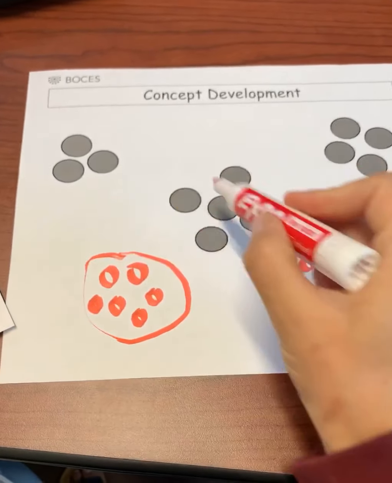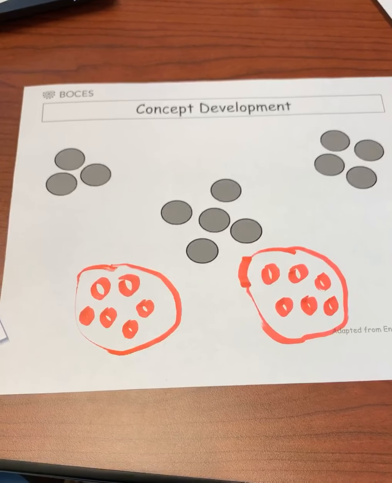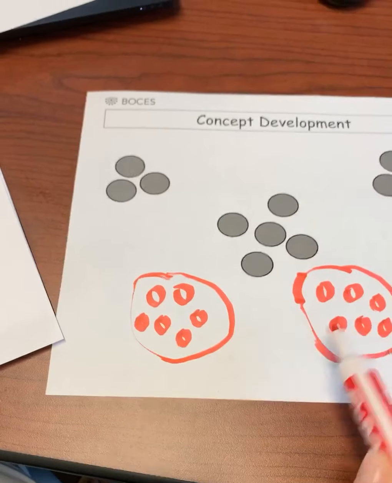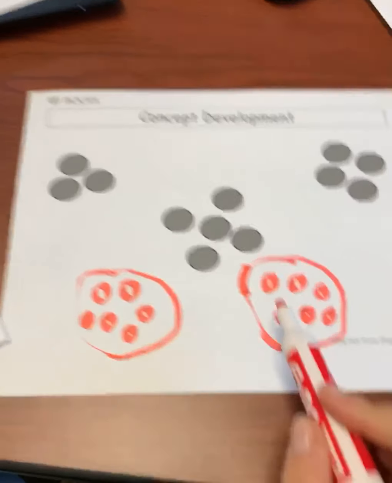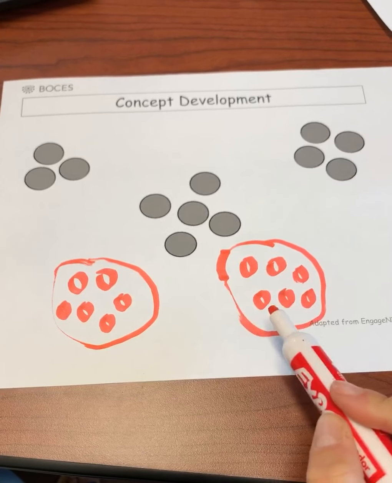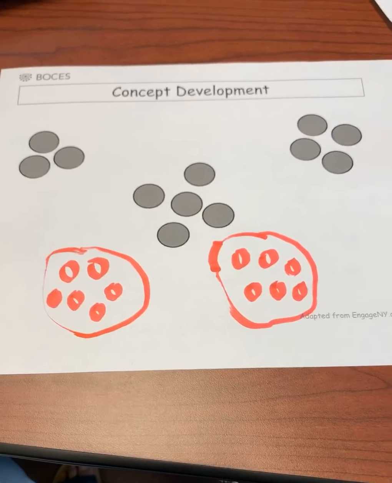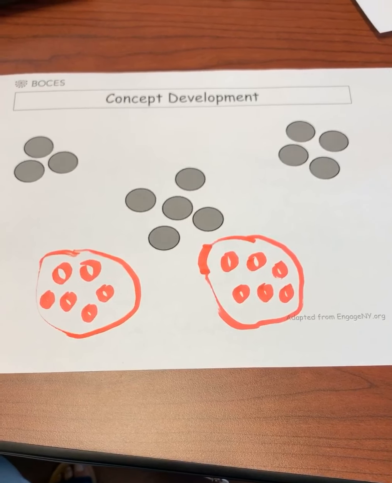So now I have my 12 counters up here into 2 groups of what? If you said 2 groups of 6, you're correct. This is 2 equal groups with 1, 2, 3, 4, 5, 6, and 1, 2, 3, 4, 5, 6. So that is 2 equal groups of 6. That is what you're going to see on your problem set.